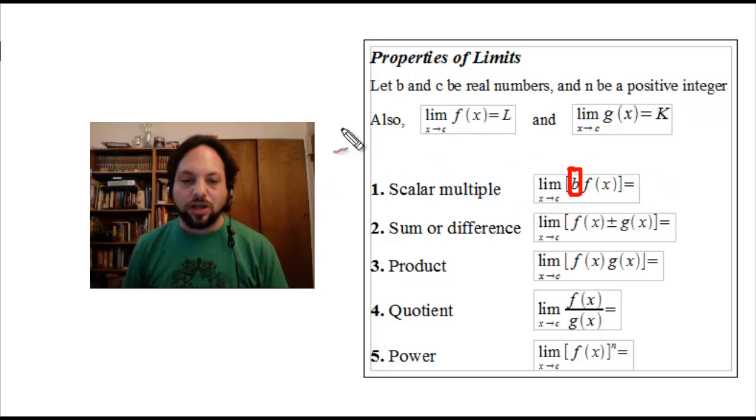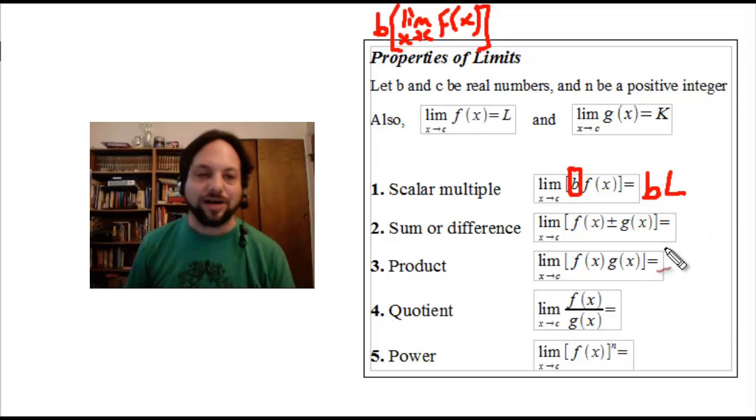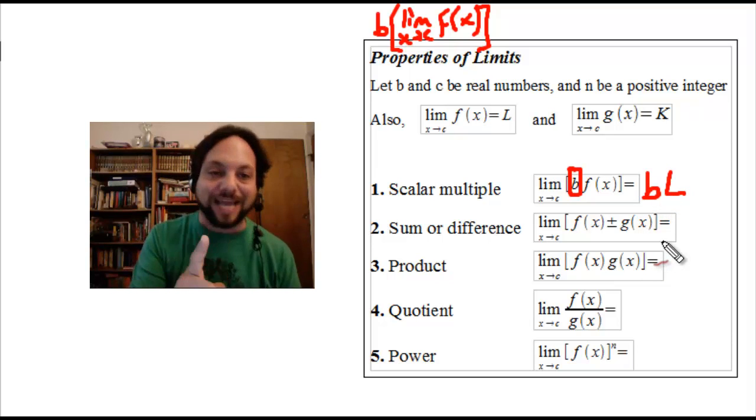And if we do that, look what we're going to get. We're going to get b times the limit of f of x as x approaches c. Now the good news here, we know what the limit of f of x is as x approaches c. And so all we're really going to end up with here is b multiplied by L. Simple enough.